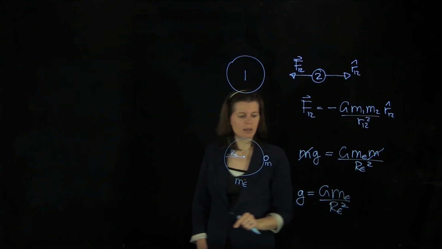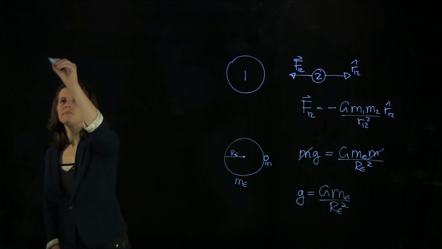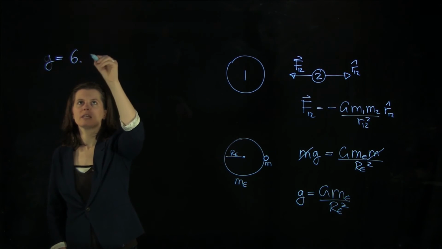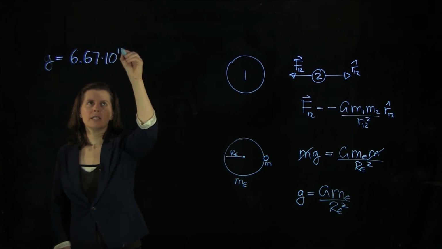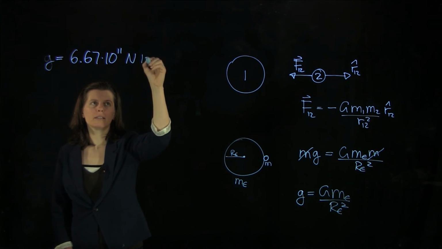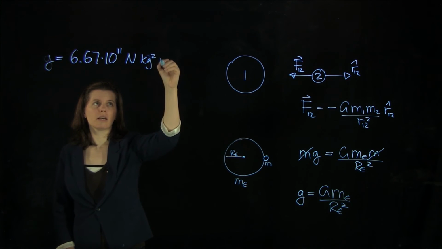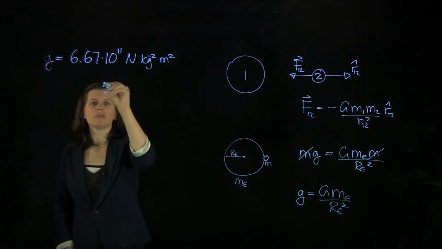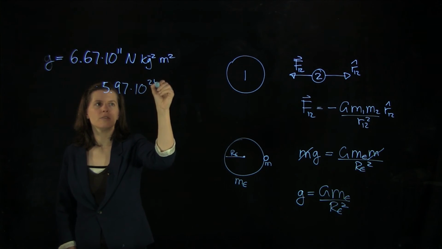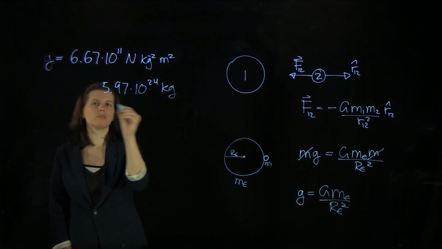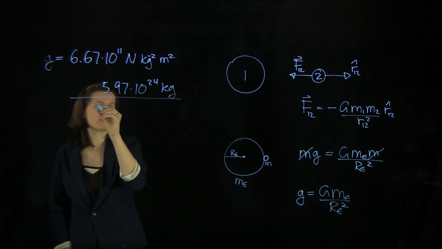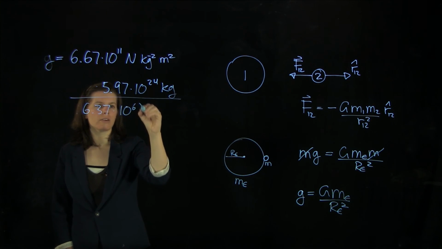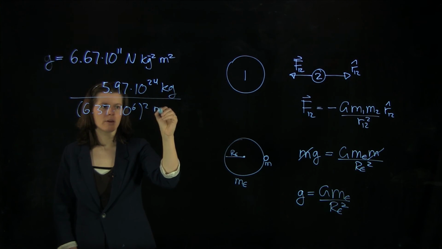Now let's put some numbers into this equation. We have capital G, that's the gravitational constant, 6.67 times 10 to the minus 11, with units of newton meter squared per kilogram squared, times the Earth mass, 5.97 times 10 to the 24 kilograms, and then we have to divide this by the Earth radius, 6.37 times 10 to the 6 meters, and we have to square that.